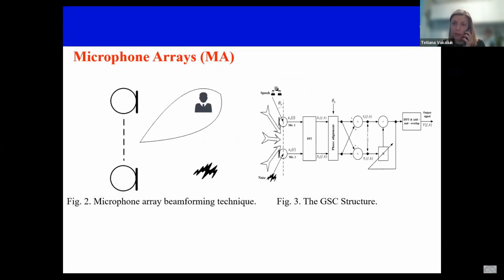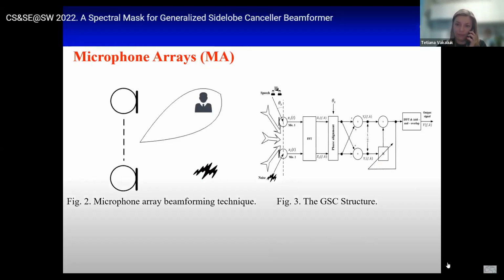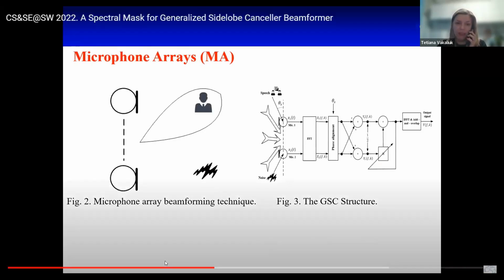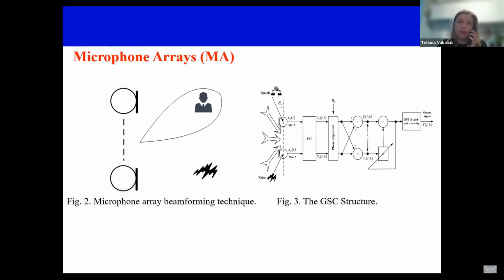And microphone array beamforming techniques and the generalized sidelobe canceller structure use the main signal and the reference signal. The main signal contains the desired signal and a little noise, while the reference signal contains only the noise component.